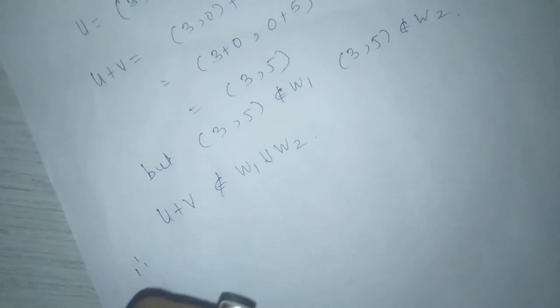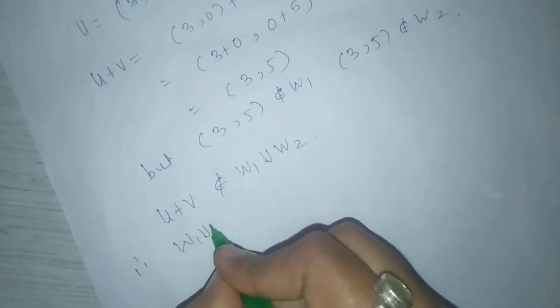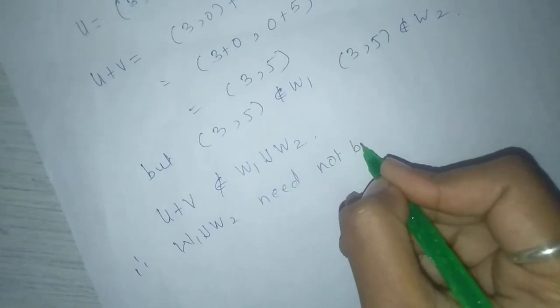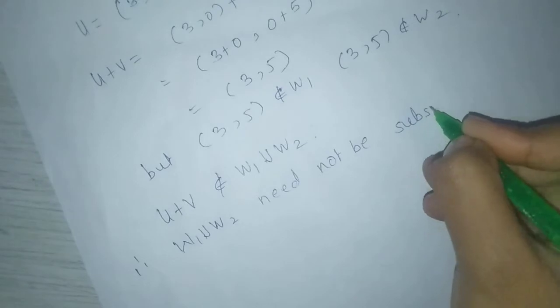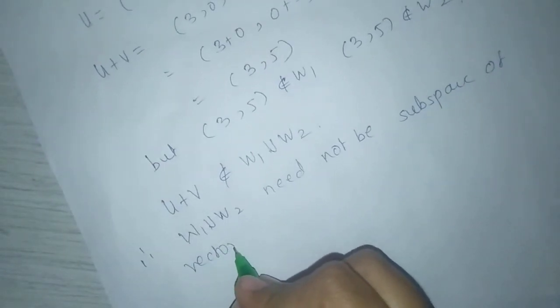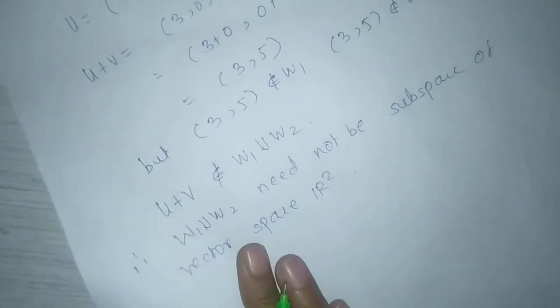Therefore, the closure property is not satisfied, means W1 union W2 need not be a subspace of vector space R2.